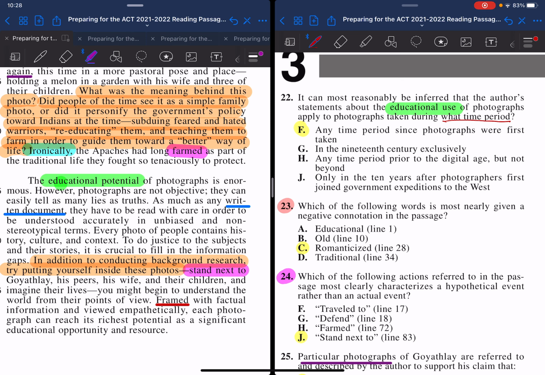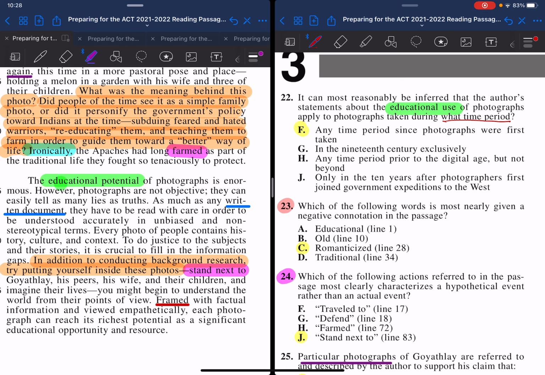25. Particular photographs of Goyathale are referred to. Now I've underlined them in purple because they are three particular ones that happen. First one down here, starting at line 46. One photo shows him and three other Chiricahuas in their camp just prior to surrendering.